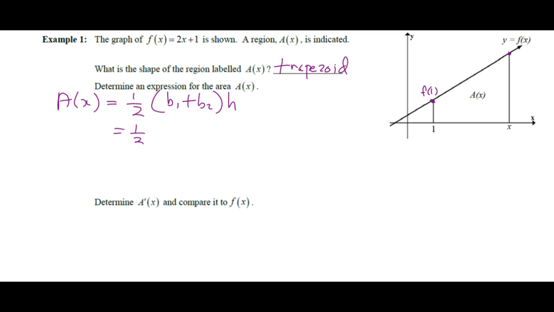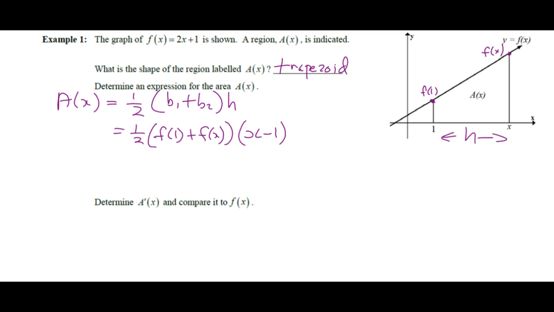And this guy here is going to be f of x. So we've got 1/2 (f of 1 plus f of x) times the height, which is the distance between these guys. What's an expression for that? x minus 1. What's the distance between x and 1? It's x minus 1.